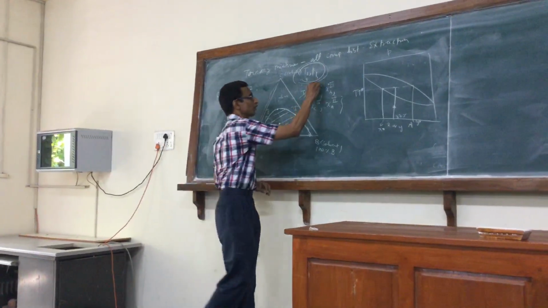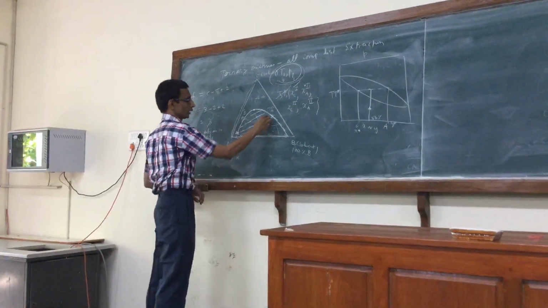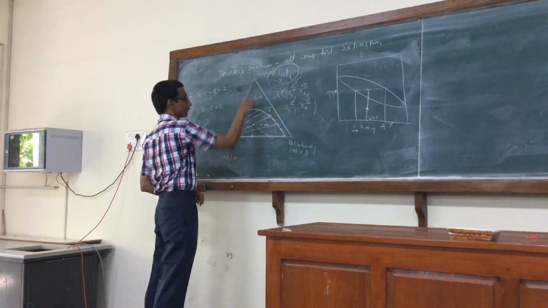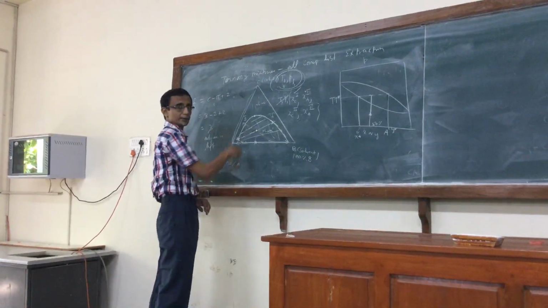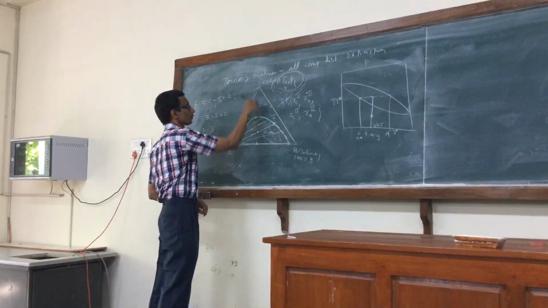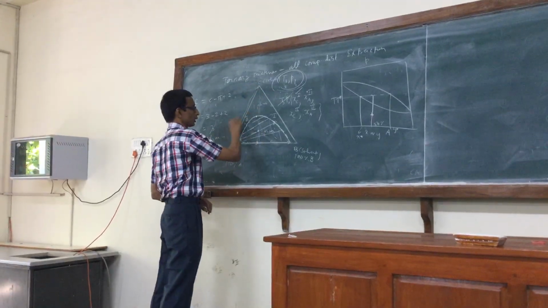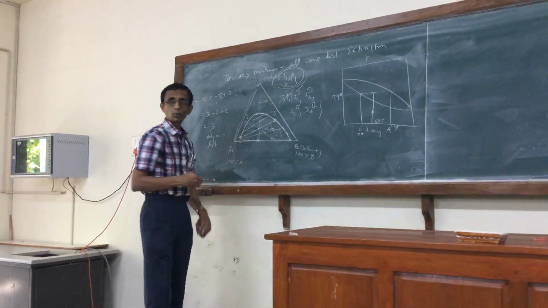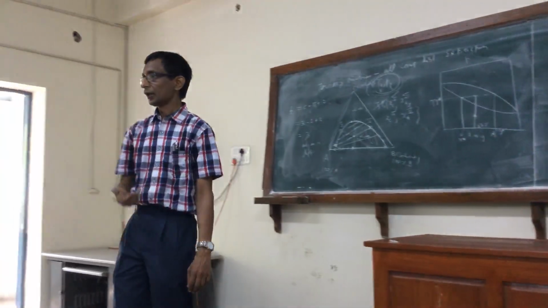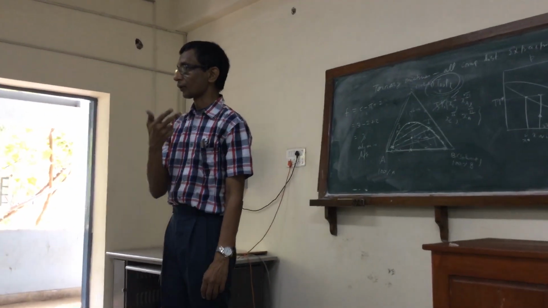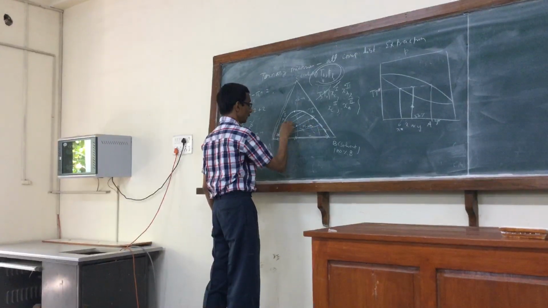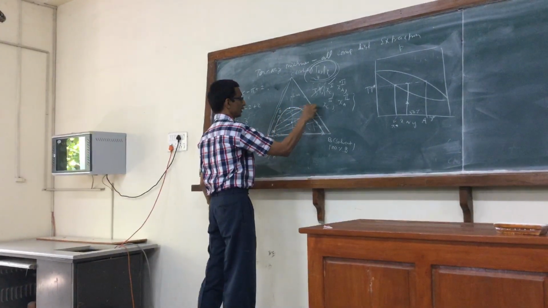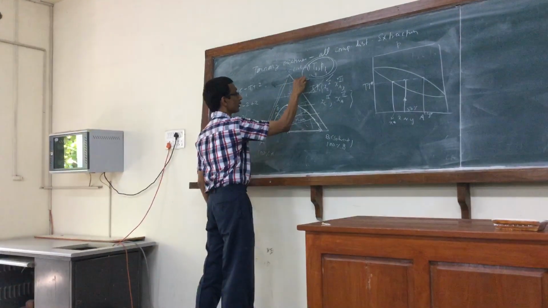So if I specify XC1, that means I can easily mark XC1, you know, the weight fraction will vary like this. I mean, the point is that if you draw the perpendiculars from each, you can move along that line and get various concentrations of C. So if you draw lines parallel to AB, you will get various values.